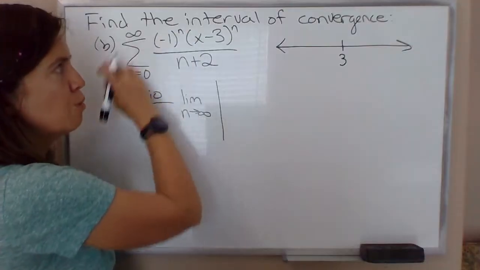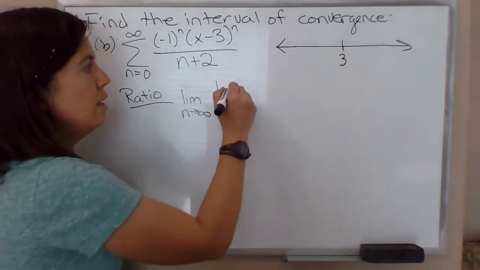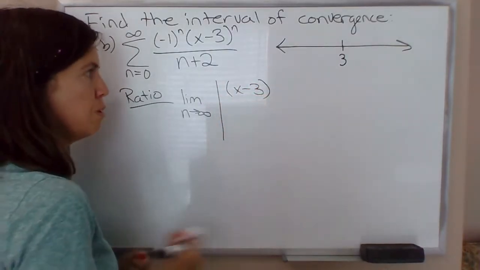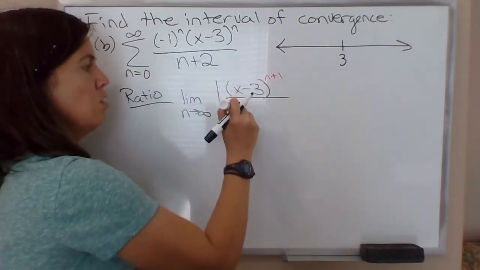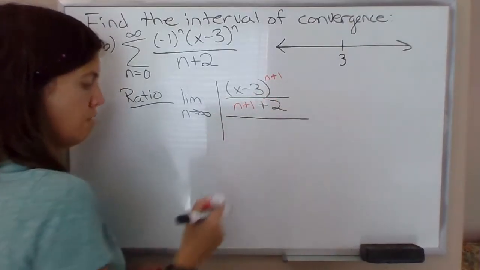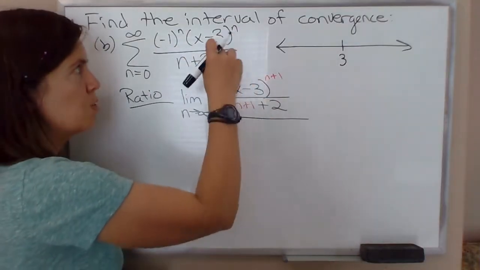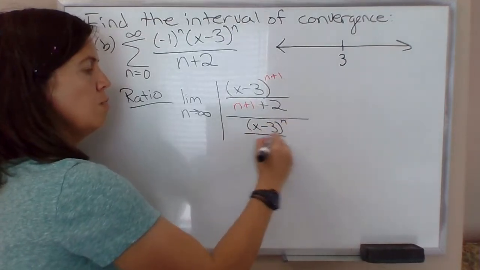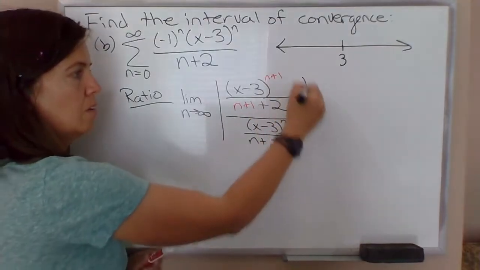So if it's going inside an absolute value, we can drop out that -1 to the n, because I know it's just going to be a 1, times x minus 3, so in place of n, put n plus 1, over, in place of the n here, put n plus 1 plus 2. So all of that over, so I'm dropping the -1 to the n because it's in the absolute value, x minus 3 to the n over n plus 2. There's the nth term. This is a n plus 1 over a n.